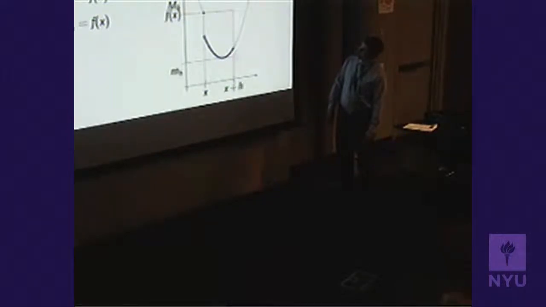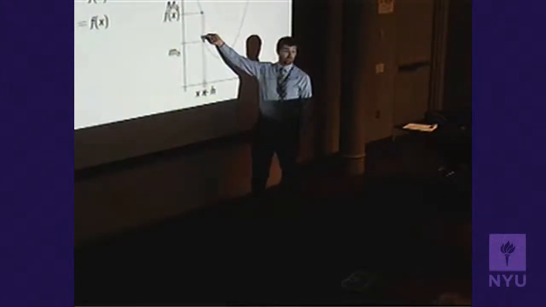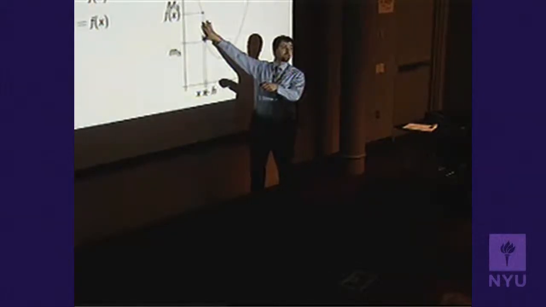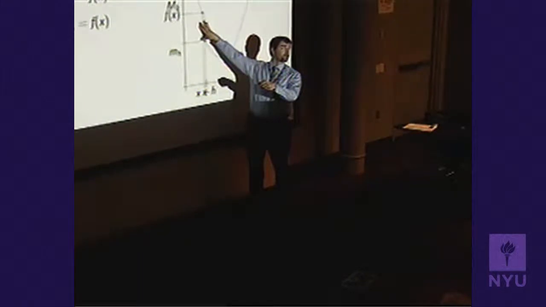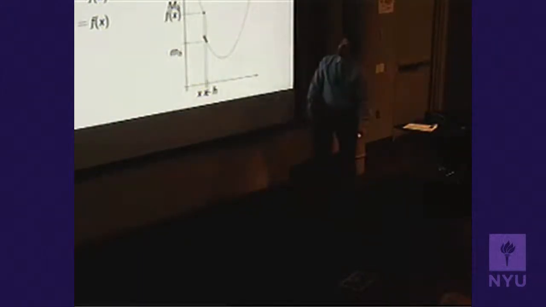And little m sub h doesn't move until we pass up this minimum, and then it starts to increase back up again. Whoops, sorry. But the biggest little m sub h is going to get is this value right here. It's not going to get all the way up to f of x. It's separated because the function's not continuous. Okay, so this is why we need the continuity assumption in the proof of the fundamental theorem of calculus.